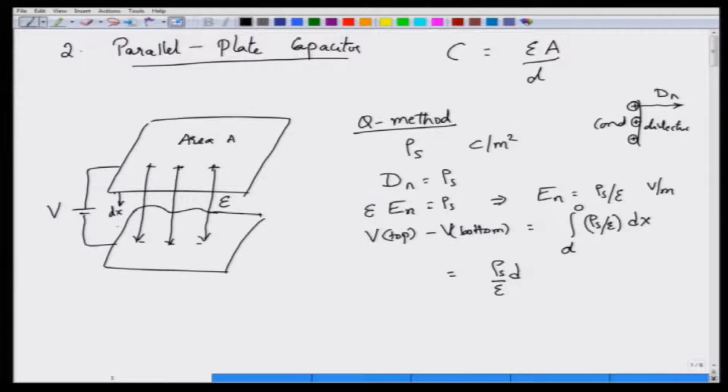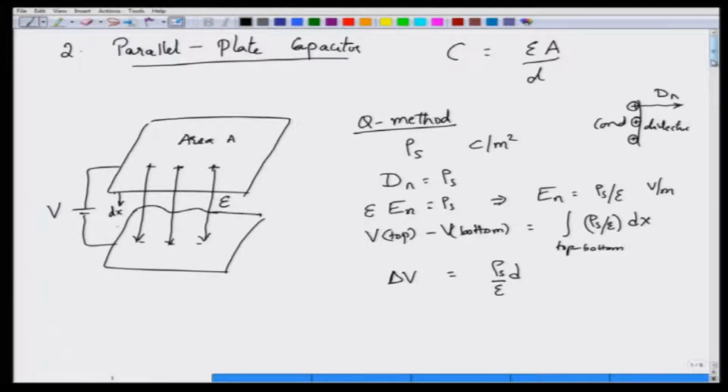I am not distinguishing between 0 to d or d to 0, because I am interested only in the potential difference, not the exact potential of the top and bottom plate. So for this configuration, the potential difference from the top to the bottom plate is rho s d by epsilon. If you connect the positive supply to the upper plate, then the upper plate will be at a potential of rho s d by epsilon with respect to the bottom plate.